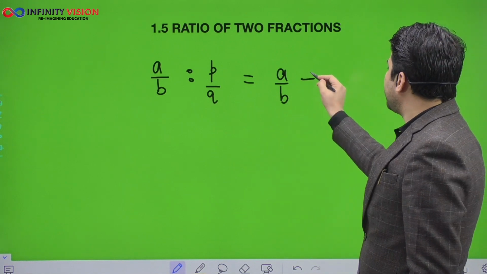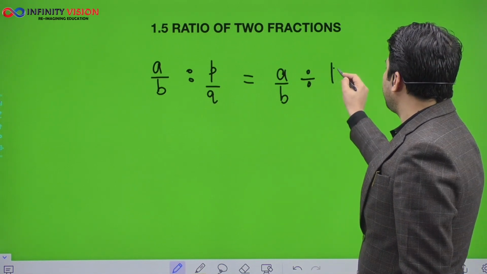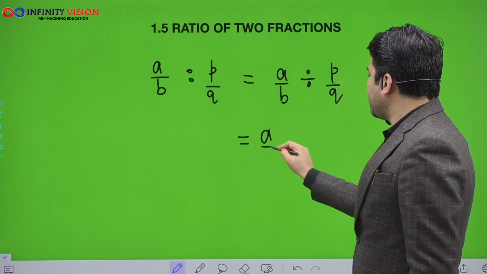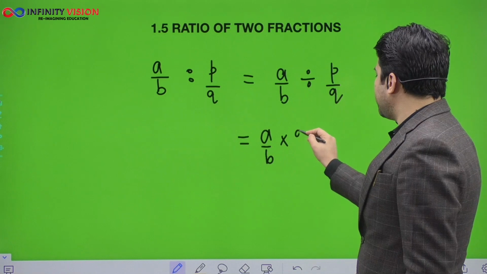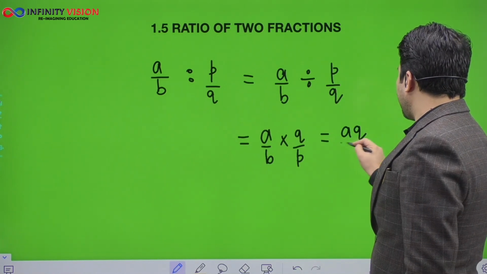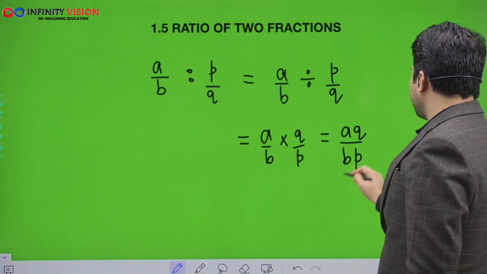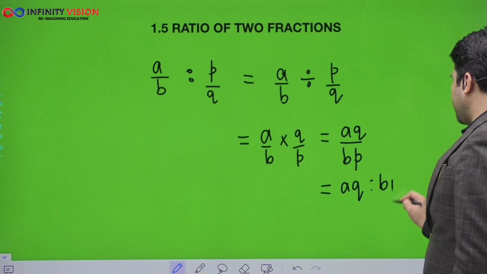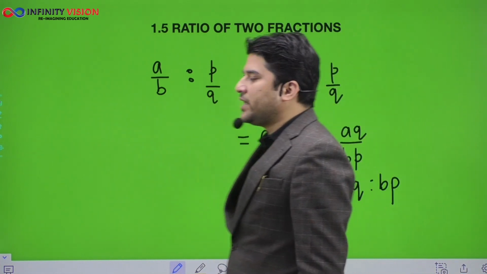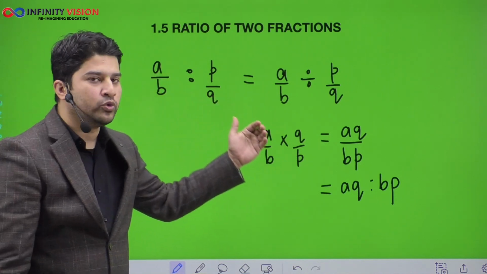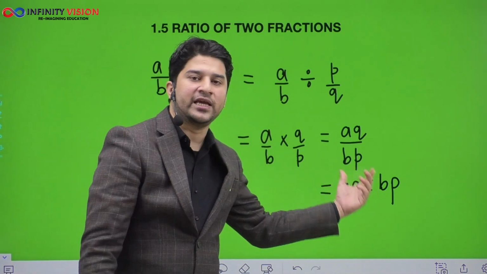So I'll replace the colon with division and write P by Q. Then I convert it into A by B times Q by P, which gives AQ by BP, equivalent to AQ is to BP. So successfully I have been able to represent my two fractions A by B is to P by Q as the ratio of two integers AQ is to BP.